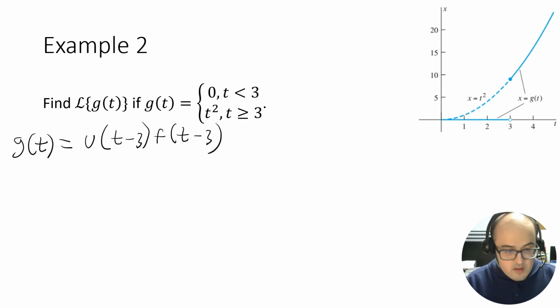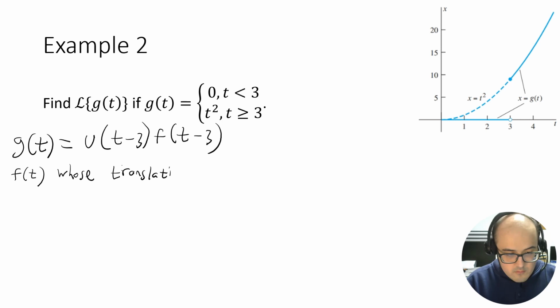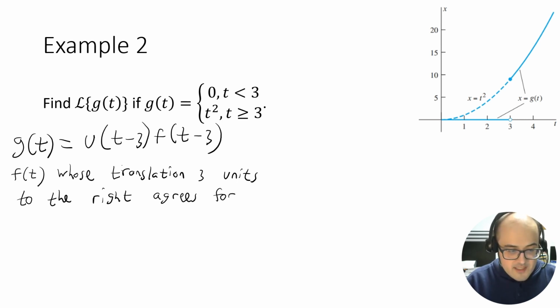So we want a function f of t whose translation of 3 units to the right agrees with t squared for t greater than or equal to 3.